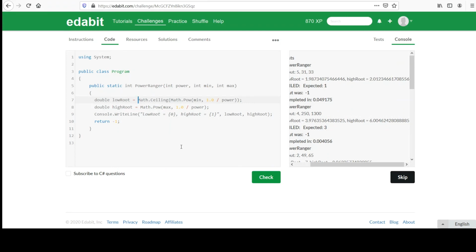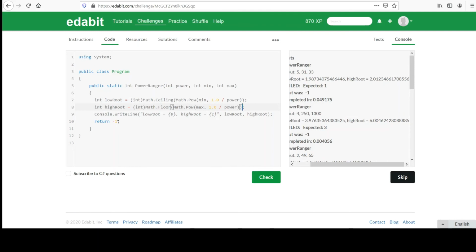I don't think you need to see the output. Again, I think it's clear from these results, so let's just get to it. And then remember on the high side, we have to do the opposite thing. Math.Floor, right? We need to lower to an integer that falls lower.